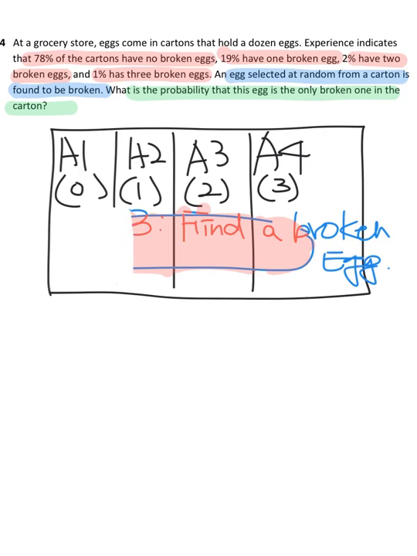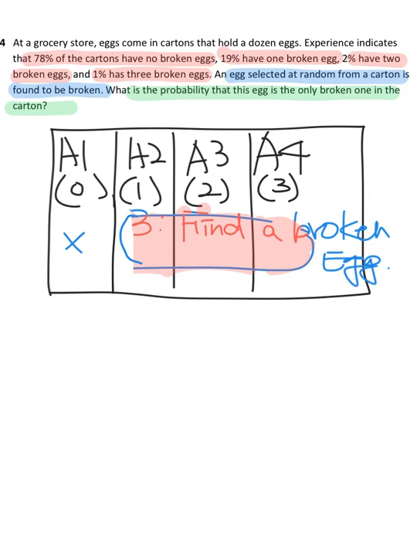So I have to make the Venn diagram not like this, but like this one. Does that make sense? From here, we couldn't find any broken eggs. So the correct Venn diagram looks like this. It's good?